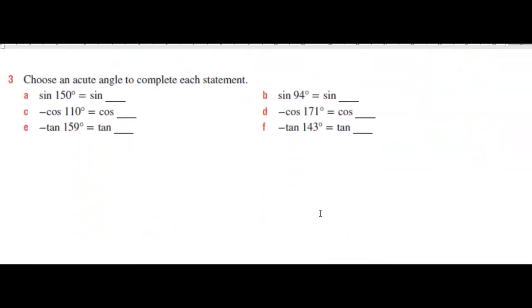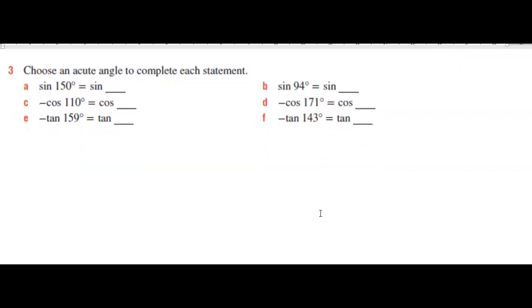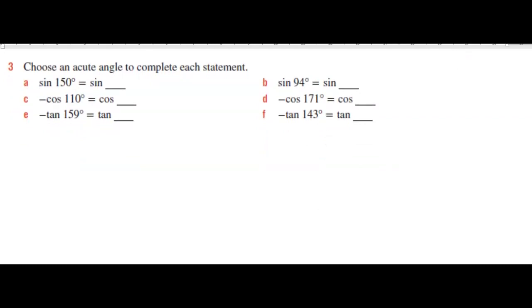Choose an acute angle to complete each statement. So this time we're kind of working backwards. So let's just quickly draw the unit circle. So sine 150. So that's 150 there. So what is this angle? It's 150.